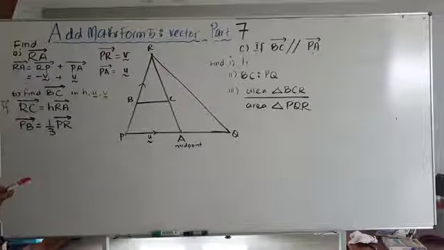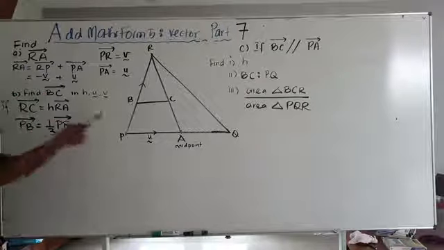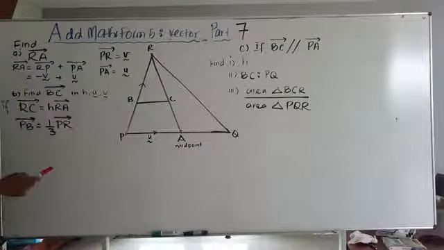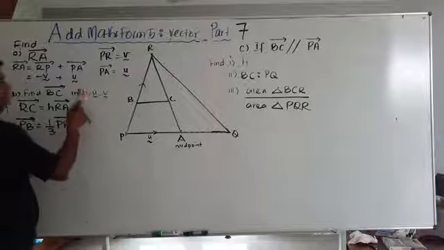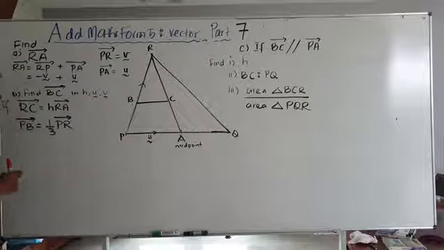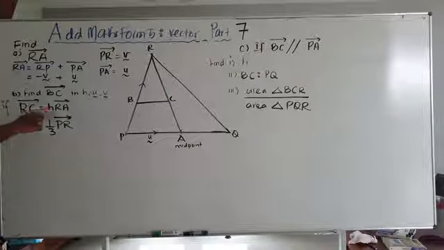Next question. You're supposed to find BC. Given U and V, all right. That's the information which is given to you. So let's find that. Okay.